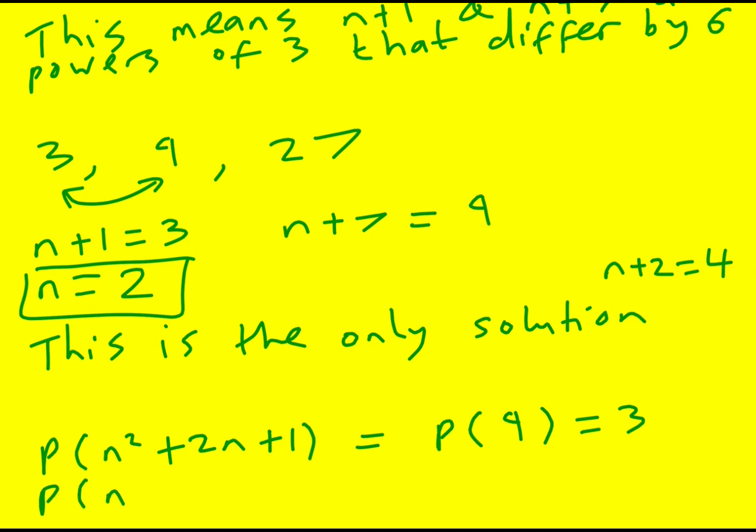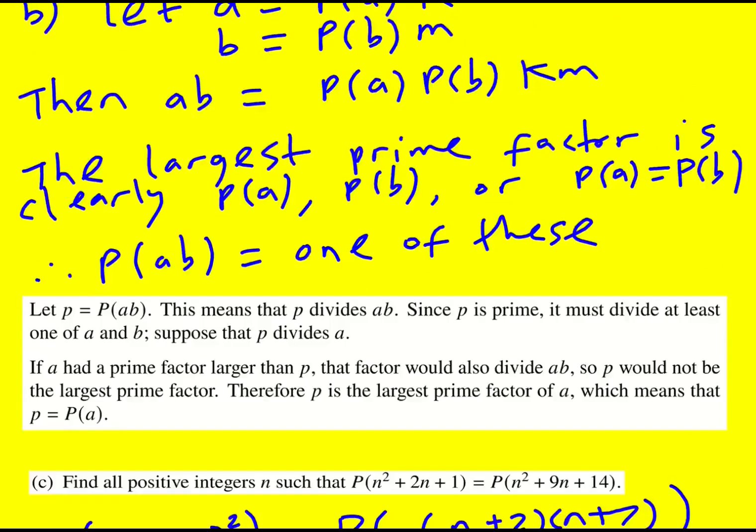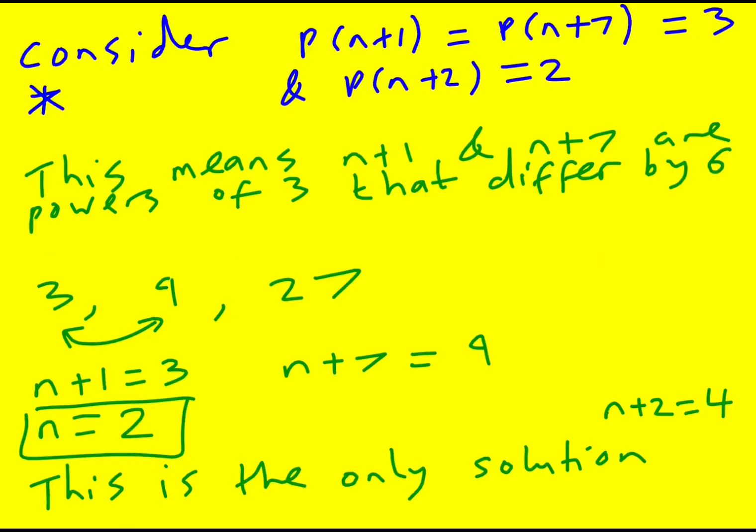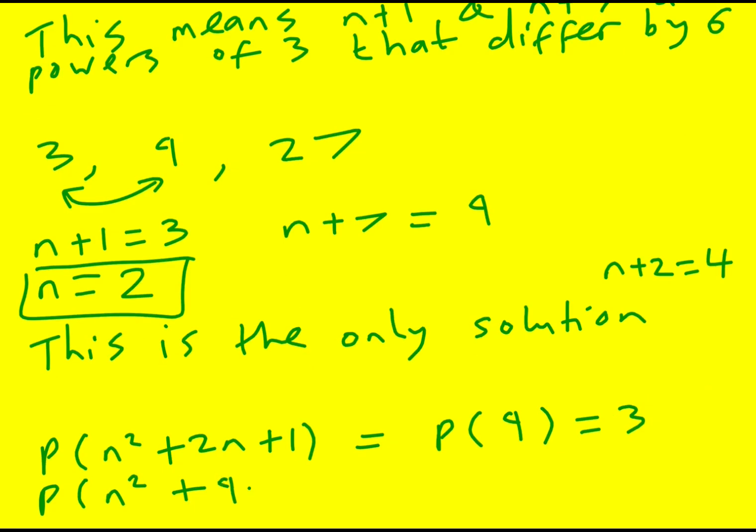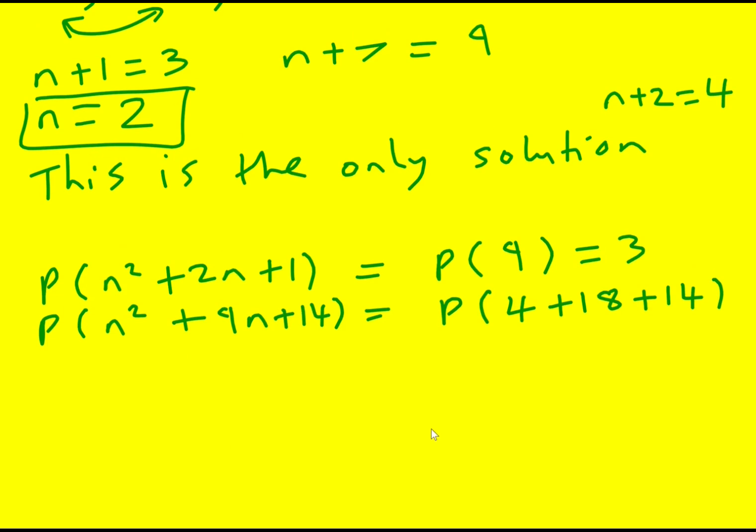And then P of n squared, and I've forgotten what it was, 9n plus 14 will equal P. We're going to get 4 plus 36, 40. Sorry, I'm putting in n is 2, so let me take this step by step. 4 plus 18 plus 14, that's going to be 36.